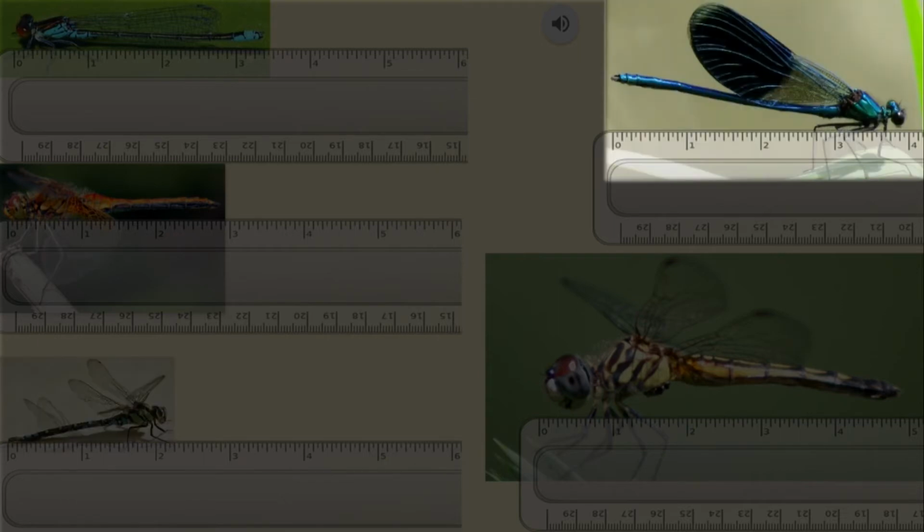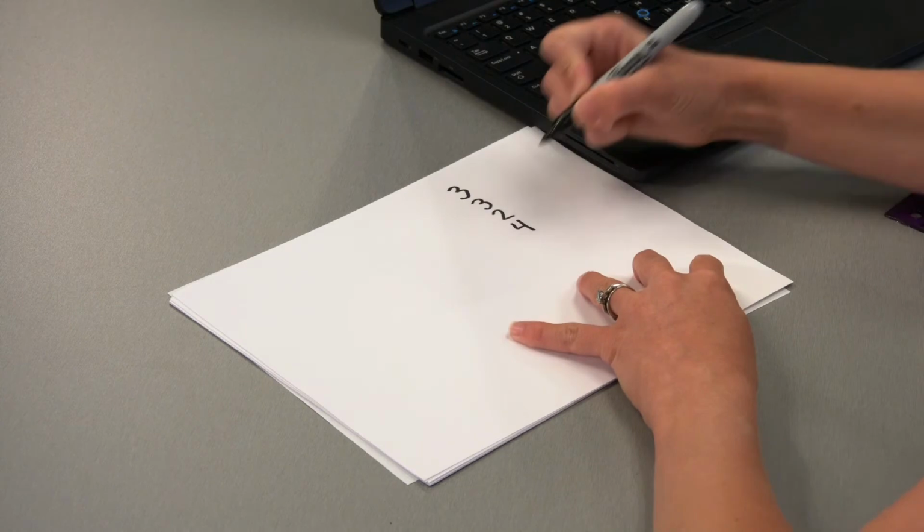Let's take a look at this dragonfly right here. What two numbers does its head fall in between? That's right, it's in between 3 and 4 inches. Which number is it closer to? Very good, it's closer to the 4-inch mark, so we'll say this dragonfly is about 4 inches long.